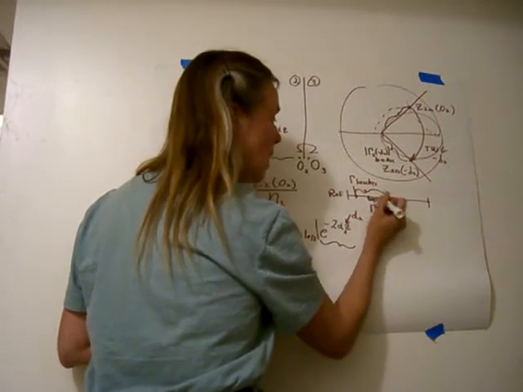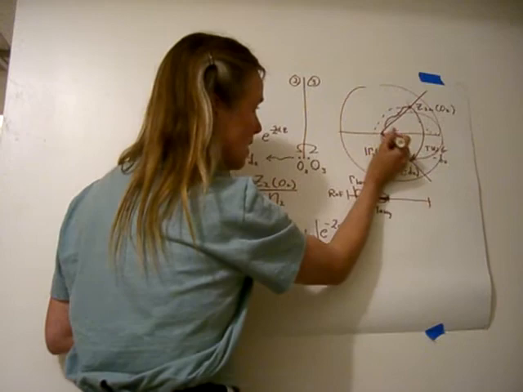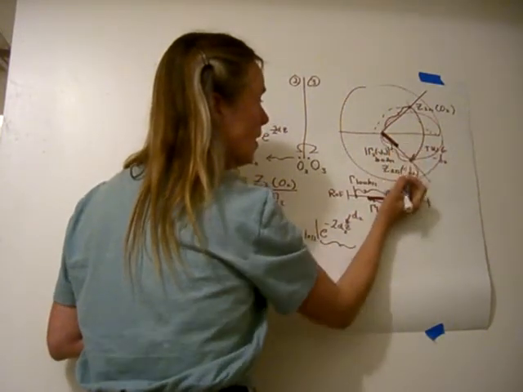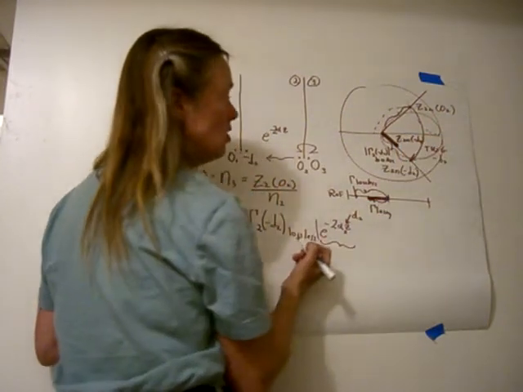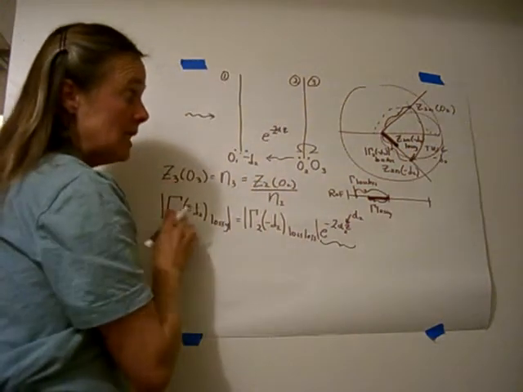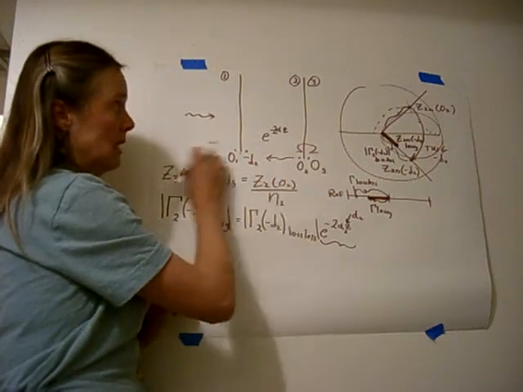We take this magnitude right here, and we plot it from the center out, just like this. So our corrected point right here is Z2n at minus D2 when we have our lossy environment. So that's a step that you need to include in your calculation as you go from right to left.